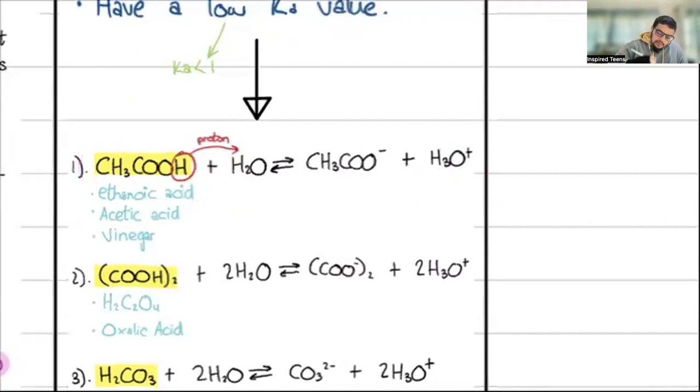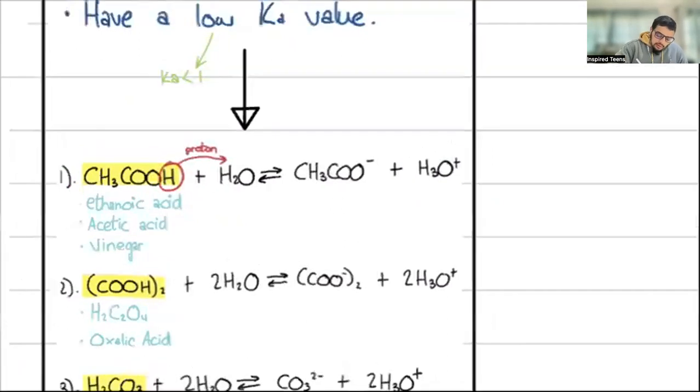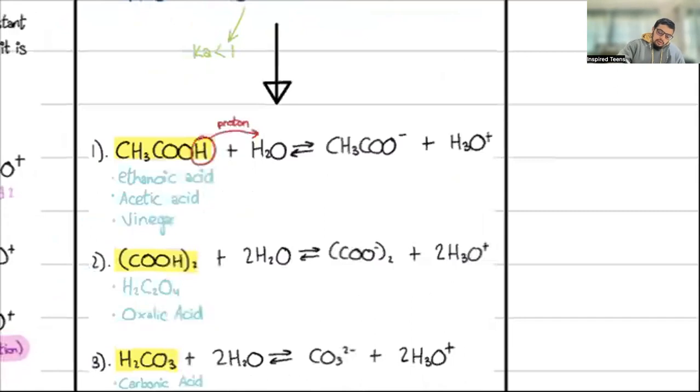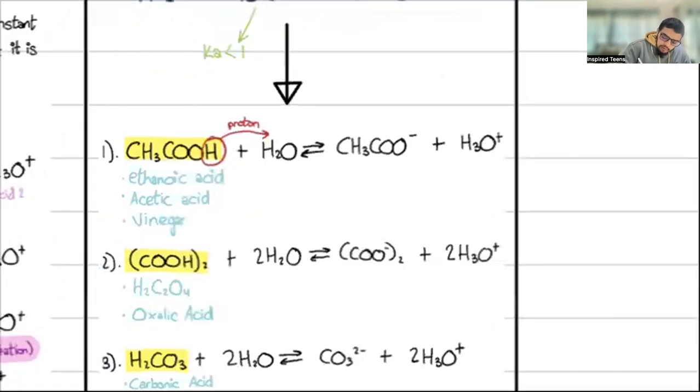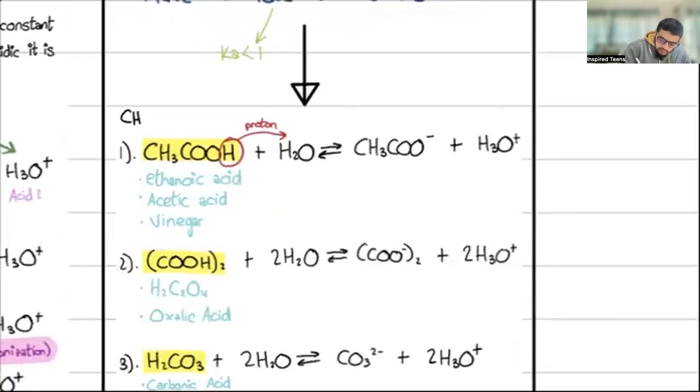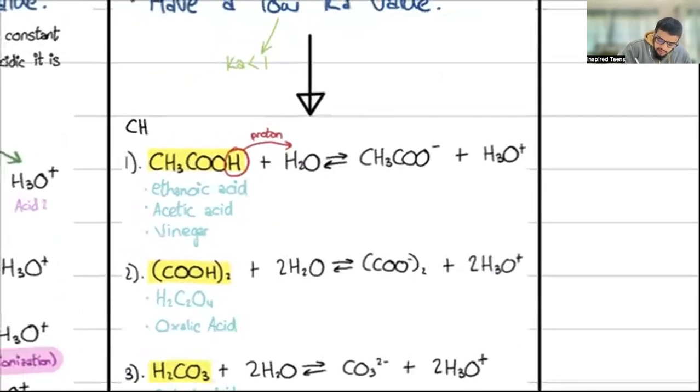Okay, so with this one specifically, don't confuse it. How do these two react? They actually react with CH3COO minus and H plus. This is the anion and this is the cation that join to create CH3COOH.